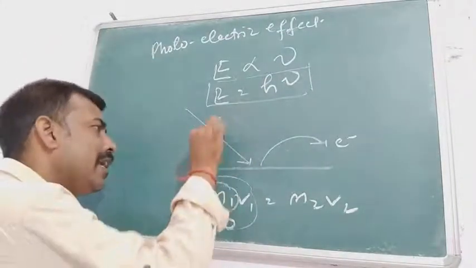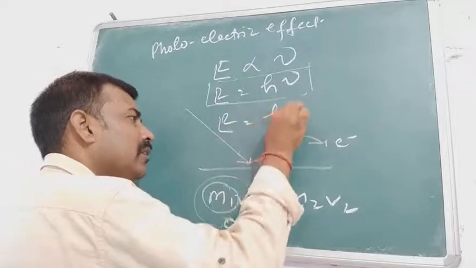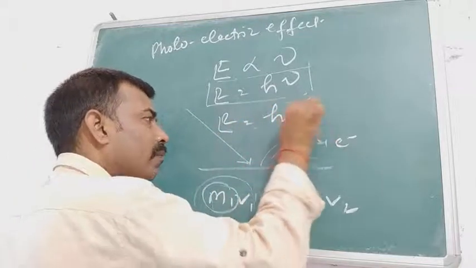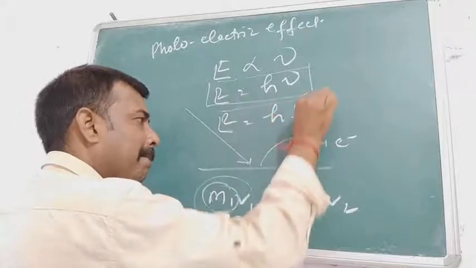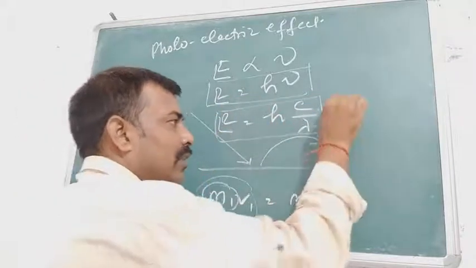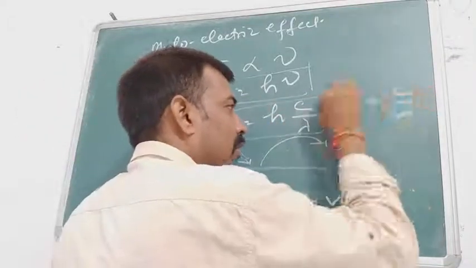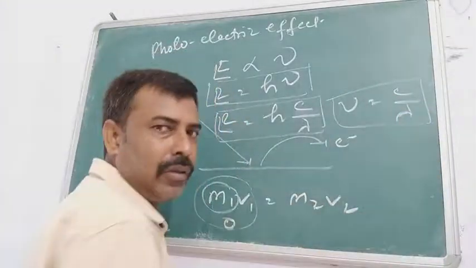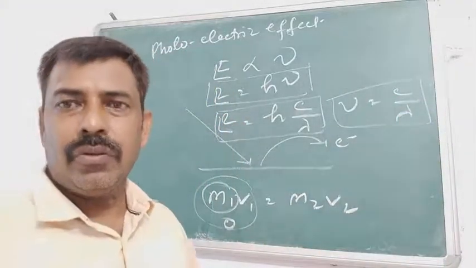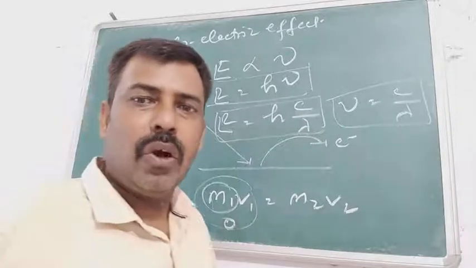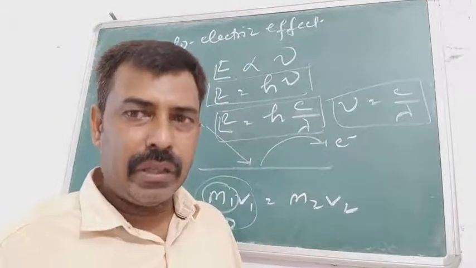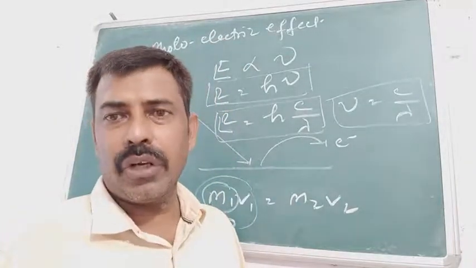Similarly, E equal to h c by lambda, because nu equal to c by lambda. So these are the energy formulas on the basis of which you can calculate the energy of any of the photons.